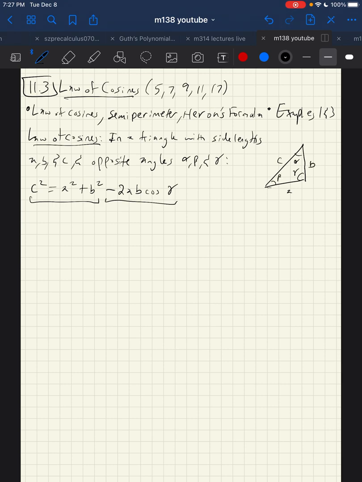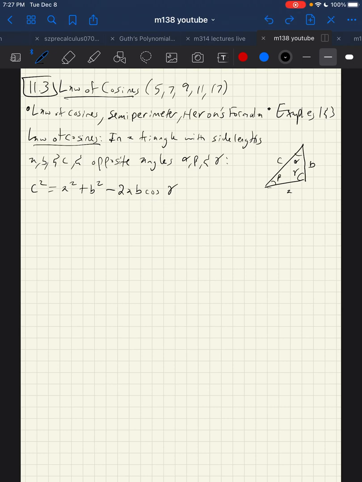Got b opposite of beta. So if gamma was 90 degrees, then I would have a right angle here, and we'd have the Pythagorean theorem, right? And if gamma is 90 degrees, then this goes away. But if gamma is not 90 degrees, then we need that correction factor in there. So this is a more general Pythagorean theorem, which is, a squared plus b squared equals c squared, but then there's some wiggle that we need to fix out, and that's this term here.